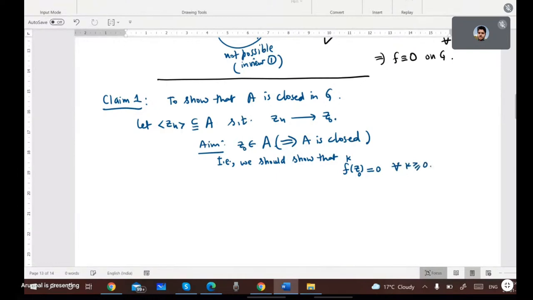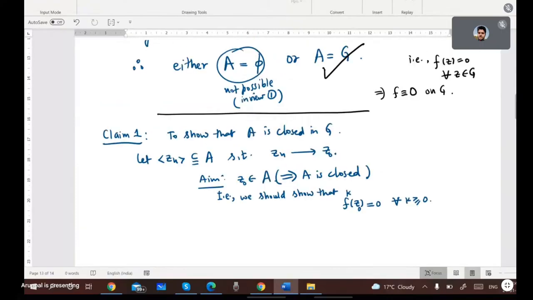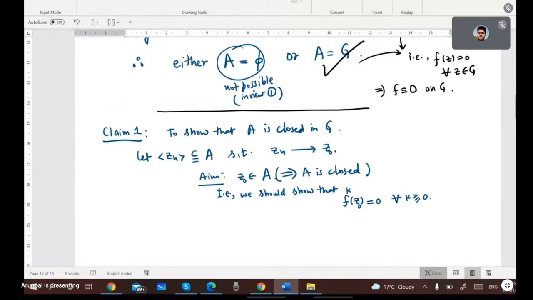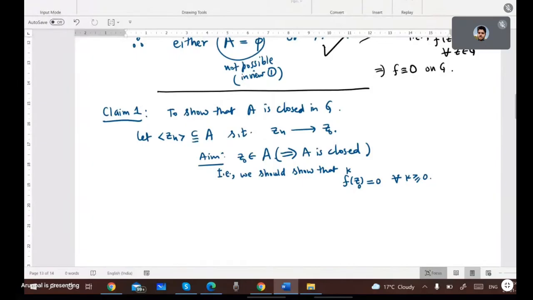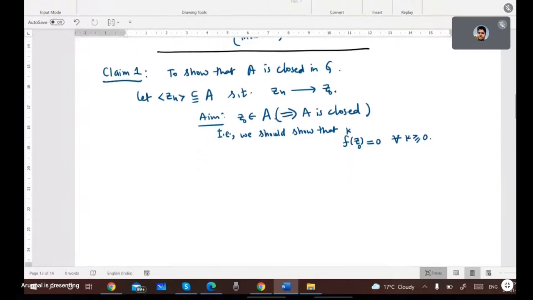I need to show this because this is the property of the elements which belong to A. A is the collection of such elements only, right? So I will show this.